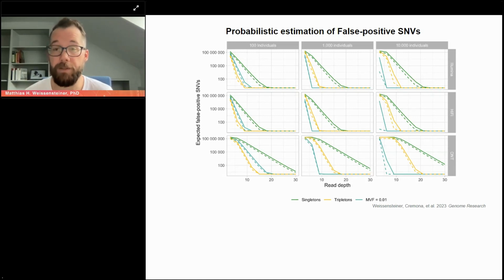For a typical study where you have 100 individuals, and you're interested in singletons and you use Illumina data, for example, from a read depth of about 20x, there is no false positive to be expected anymore. Importantly, the solid line denotes the non-B DNA, and the dashed line is the control sequence. So across all these, the controls, of course, show fewer false positives than the non-Bs.